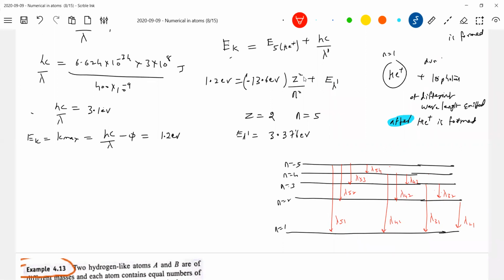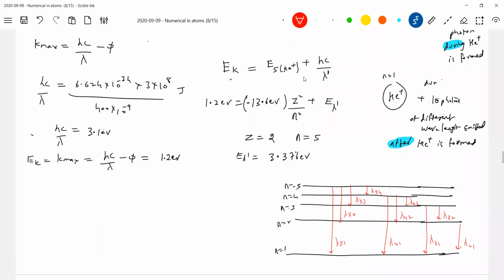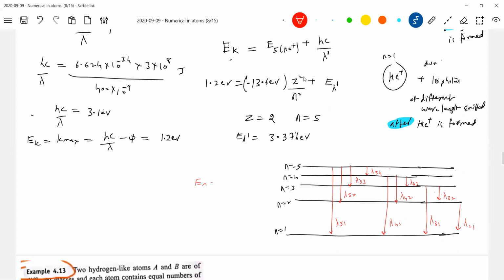Rather than calculating lambda, I just want the energy levels of all these. So I directly use this formula. How to get the energy? En is equal to minus 13.6 electron volt Z square by n square. In the exam, if you remember these values, you'll be in a better position. The difference of energy should lie between 2 electron volt and 4 electron volt.